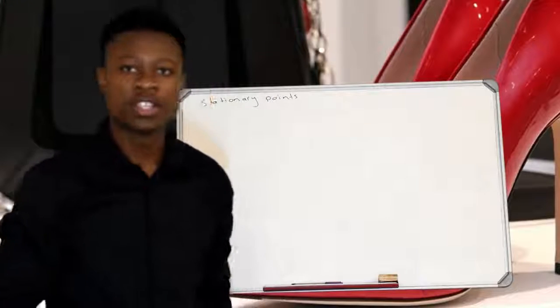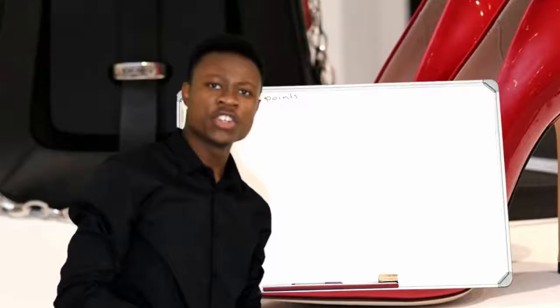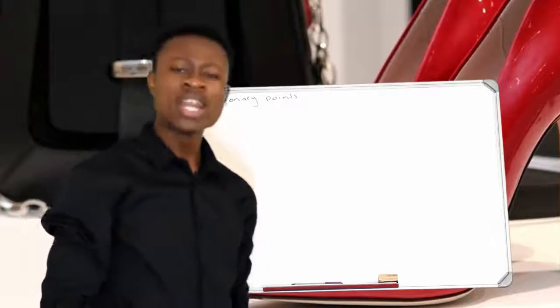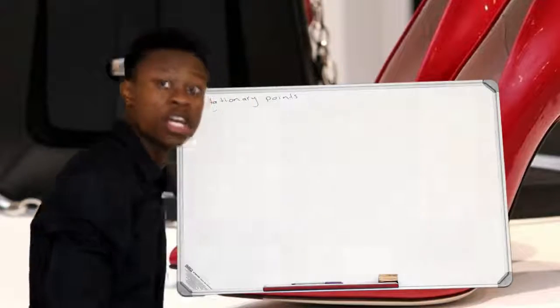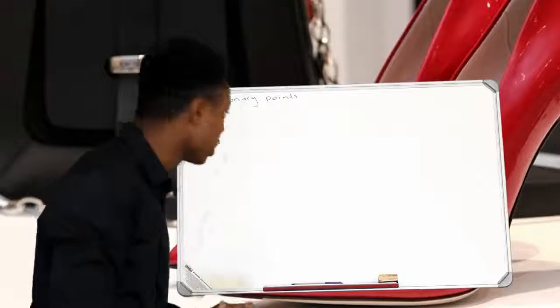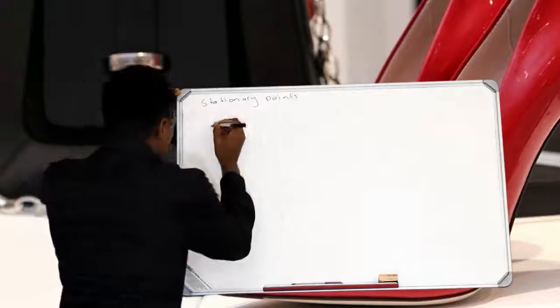Okay, stationary points. What's another word for stationary points? It's a turning point. What is a turning point or a stationary point? It's the same word. It means the same thing.